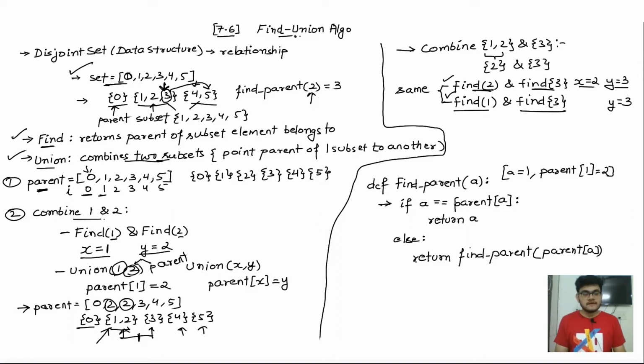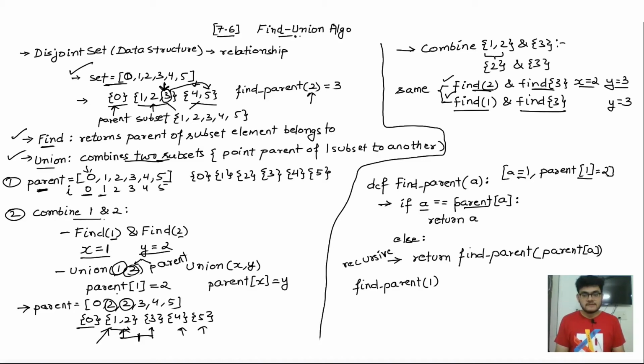Take a look at this important line here. What we are doing is making a recursive call, right? So find parent of a. Initially we were calling the find parent function with a value of 1, and since a is not equal to parent of a, 1 is not equal to 2, we are making a recursive call on the parent of a.